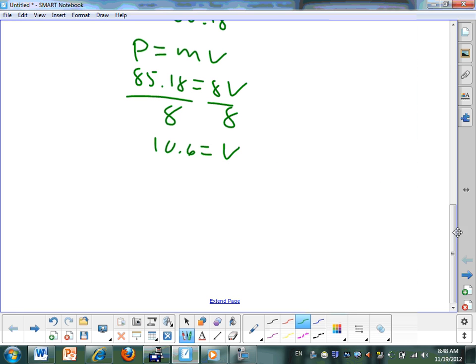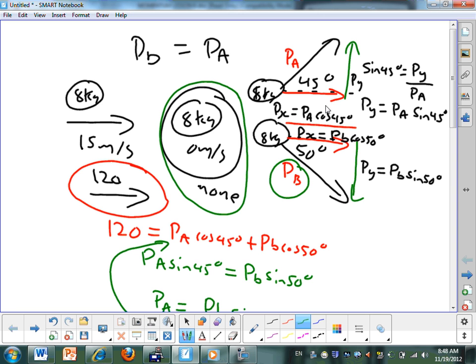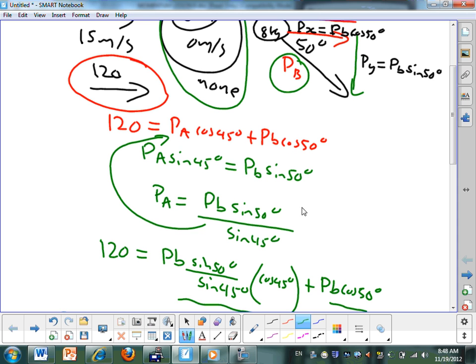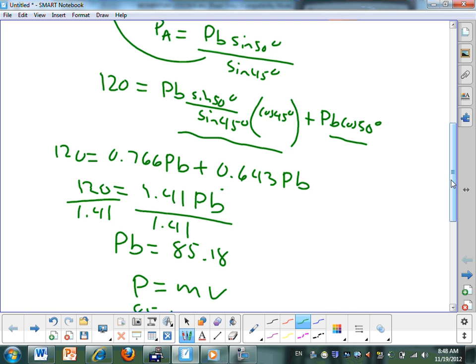And what if I wanted to find the velocity of the other object? Well, I have an expression right here for PA. PA is going to be my PB times sine 50 divided by sine 45.